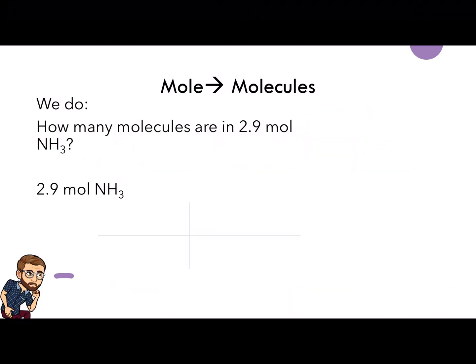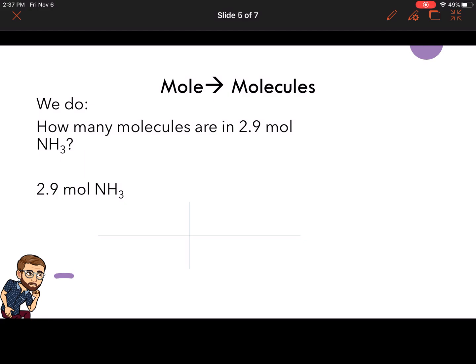How many molecules are in 2.9 moles of ammonia, NH3? All right. Jumping into there, 2.9 moles of NH3. So, moles to molecules.